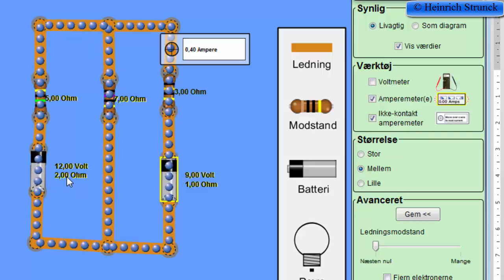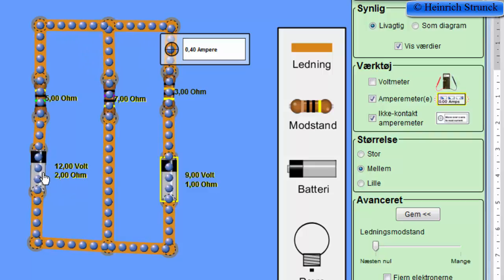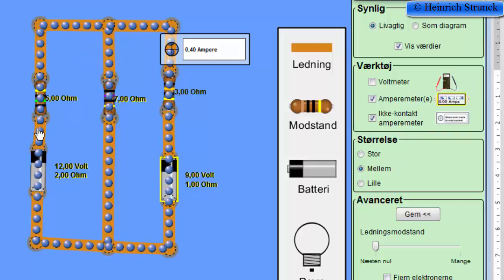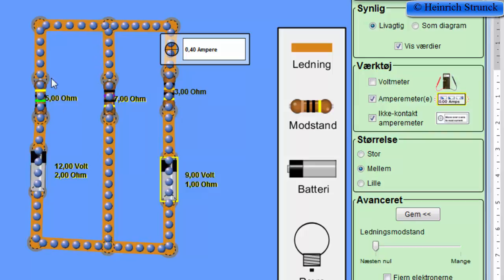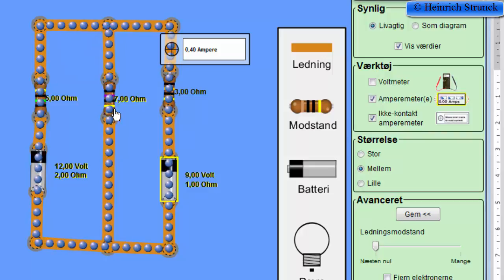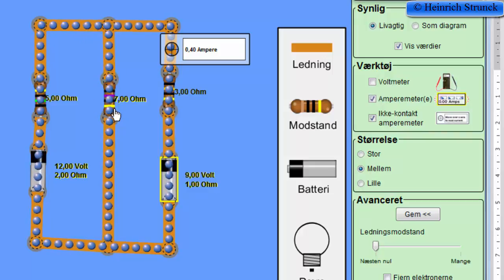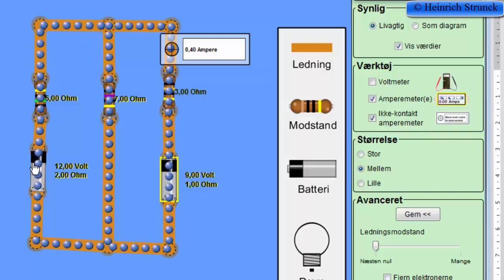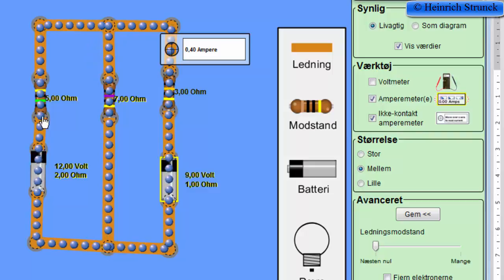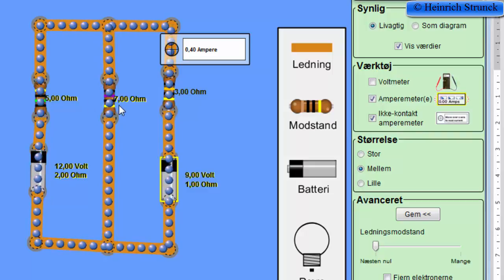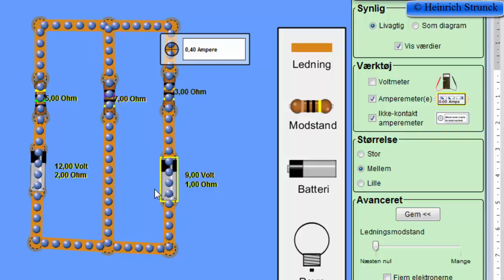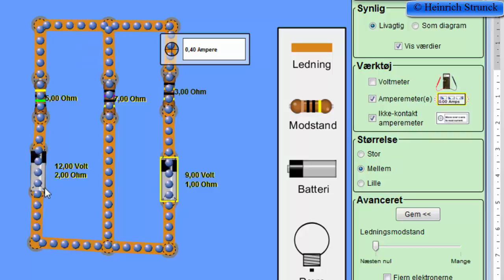We have an internal resistor in the battery, and the current I1 flows through this resistor, and I1 also flows through this resistor up here, but over here it is I2 which flows through this resistor. We call this resistor R1 and the internal resistor RI1, I for internal, and over here we have R2. Here we have R3 and internal resistor RI3.